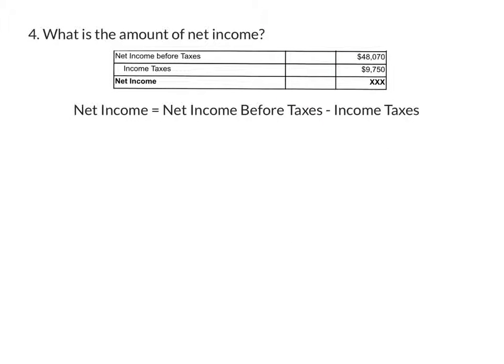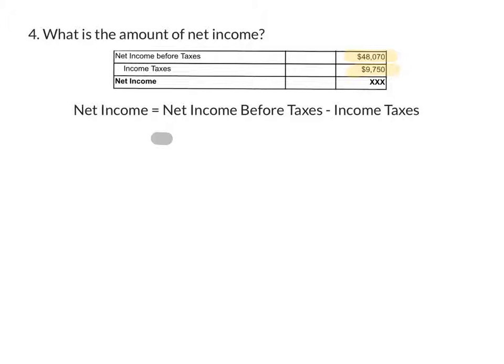Lastly, we want to know the amount of net income. And net income is also referred to as net income after taxes. So, to find the net income after taxes, all we do is take the value of the net income before taxes and subtract the amount of income taxes, and we'll find the net income.